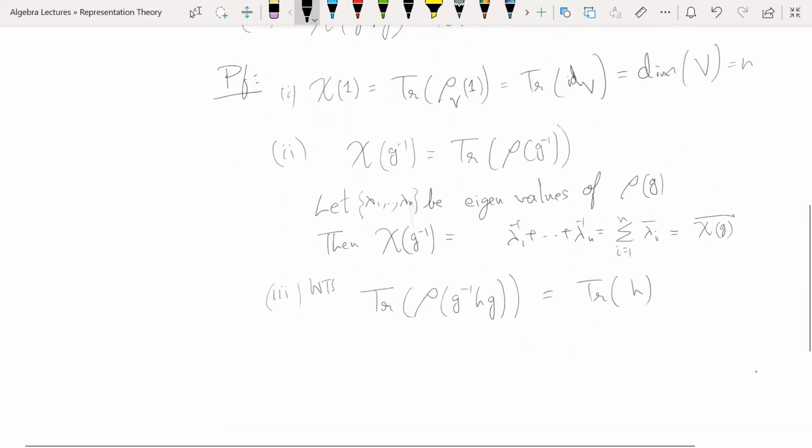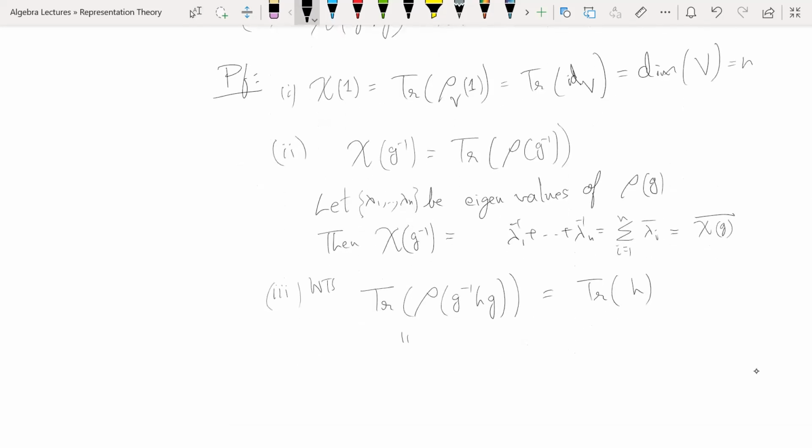So we will do this. The left hand side is the trace of rho g inverse times some matrix rho h, since rho is a group homomorphism, times rho g.